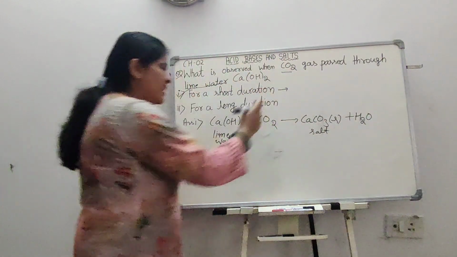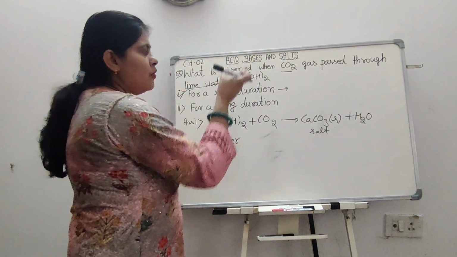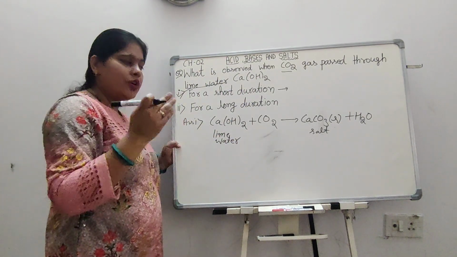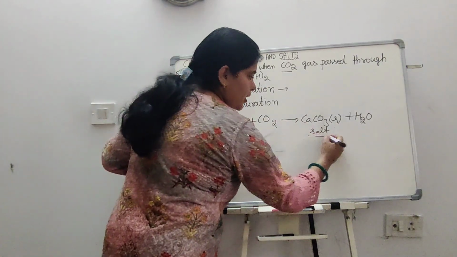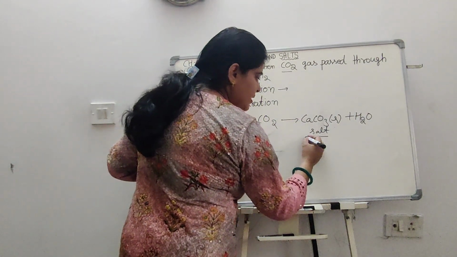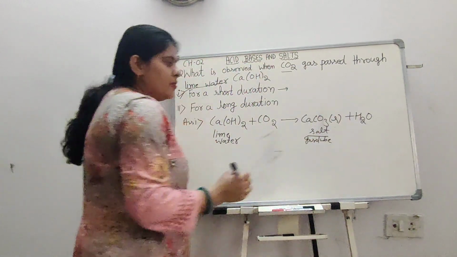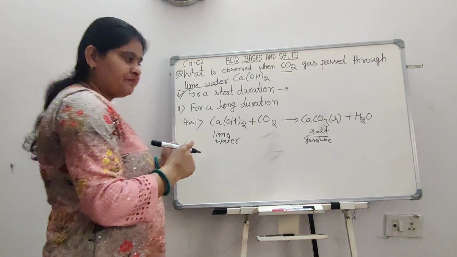So when you pass a limited amount of carbon dioxide through the lime water, the lime water turns milky due to the formation of insoluble calcium carbonate. Calcium carbonate here is insoluble. So because of the formation of calcium carbonate, the lime water turns milky.